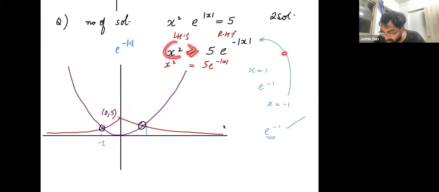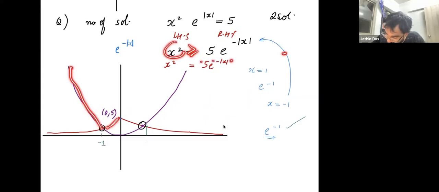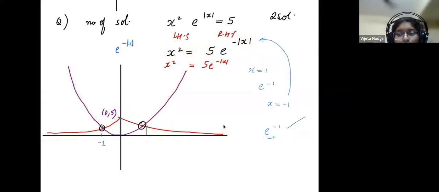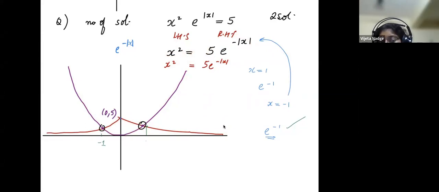So that means the upper part, this region. If you know the intersection point after solving this equation, then minus infinity to this point and that point to infinity is where the parabola region is more than this function. And in this region, this function is becoming more than the parabola. Are you getting the logic of how they do it?